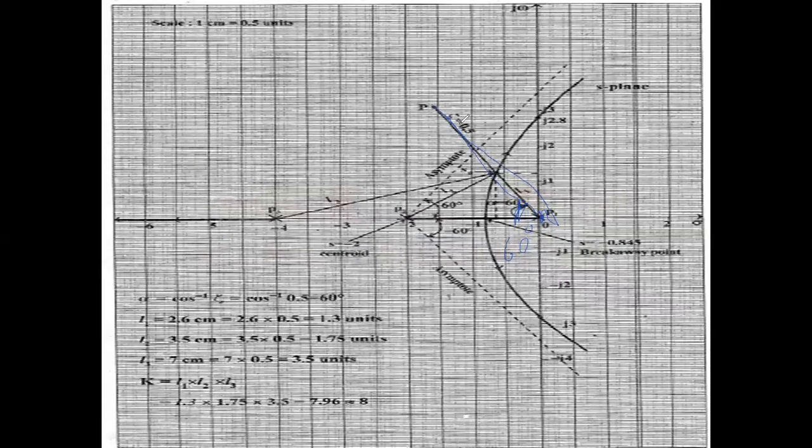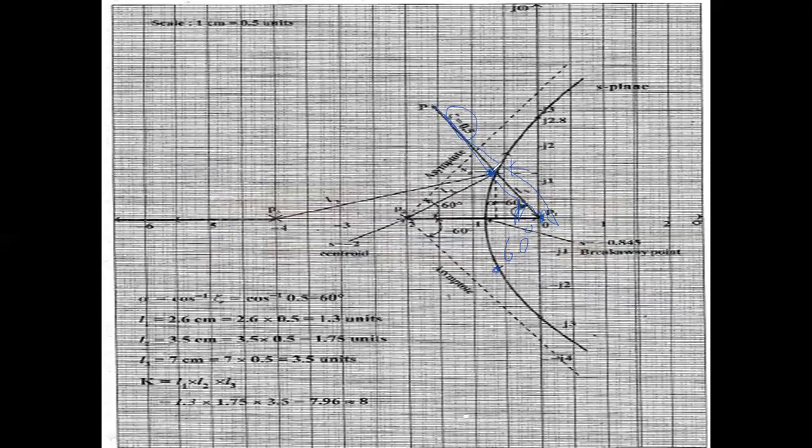Okay, for zeta equal to 0.5, the roots must be in this position. So one root; the other one is no need to calculate. Only one is sufficient. So when zeta is equal to 0.5, the roots are at this position.